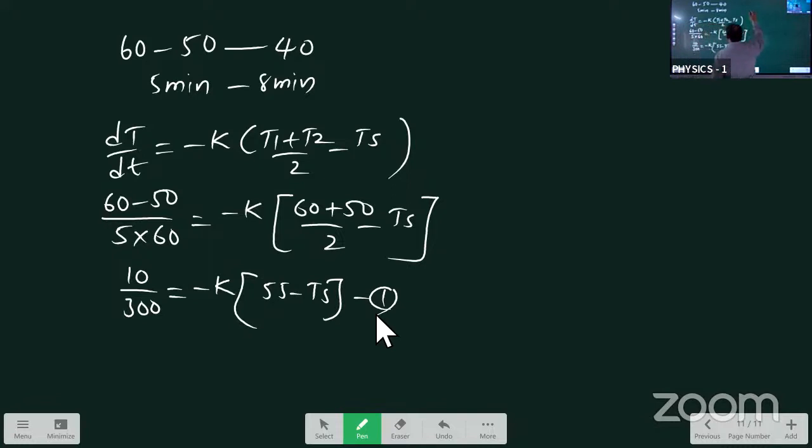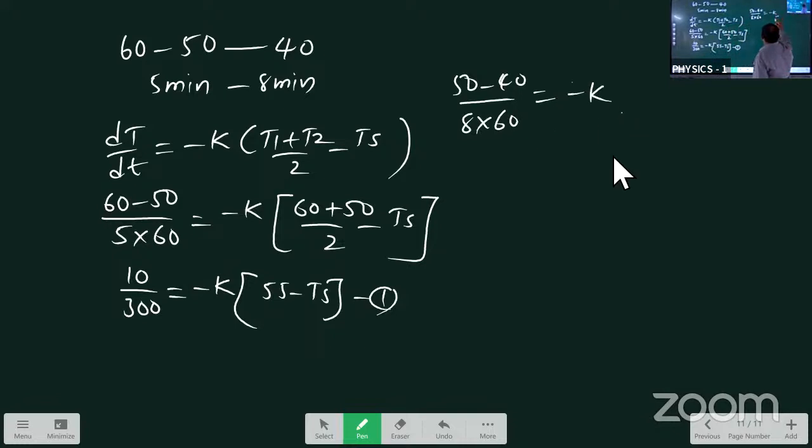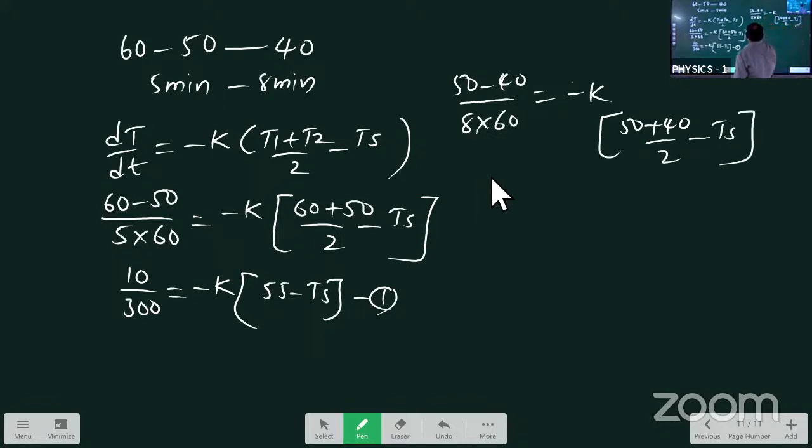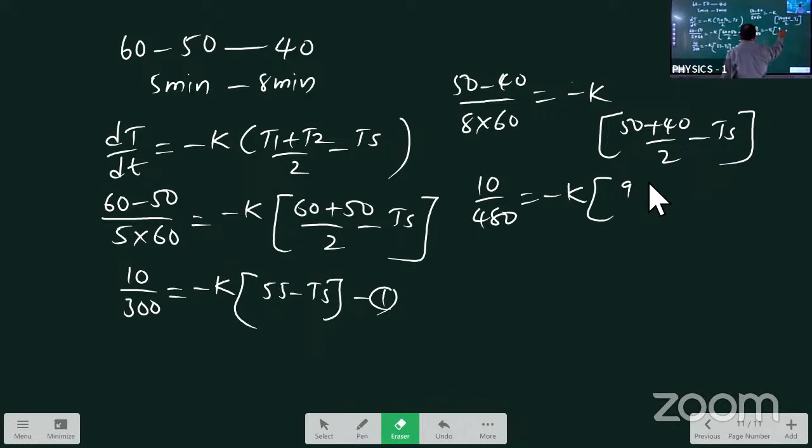Now see the second case: dT, 50 minus 40 divided by 8 minutes, because 1 minute is equal to 60 seconds, I am writing, minus k (50 plus 40) divided by 2 minus Ts. What is the balance? 10 over 480 equals minus k, and 90 by 2, directly you write 45.